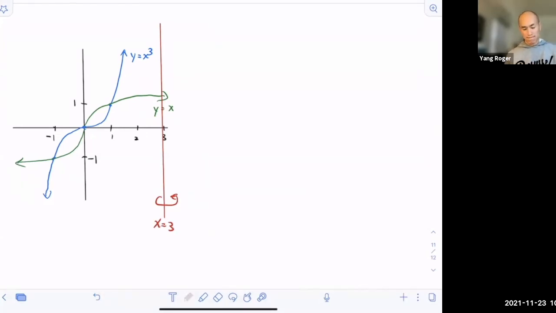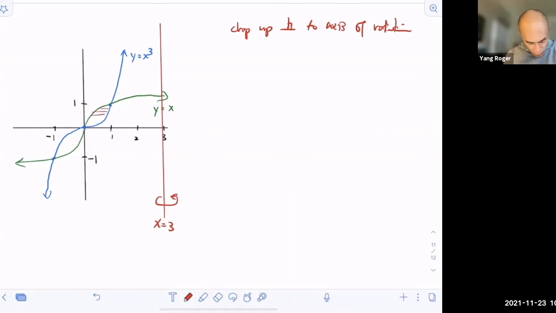So I guess the first thing we're going to do is chop up perpendicular to the axis of rotation. And then the second core thing is dx or dy. To me, it's dy, right?